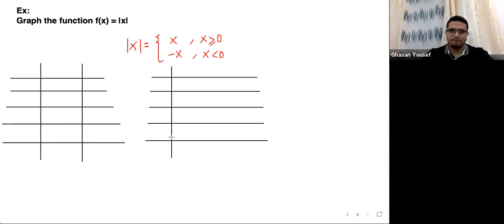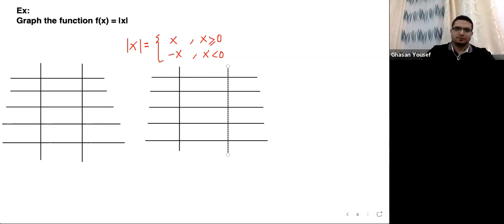Okay, this is x. This is the absolute value. Again, here's x, here is the f of x equal the absolute value of x. F of x equal x, I mean. And here is the x, comma.